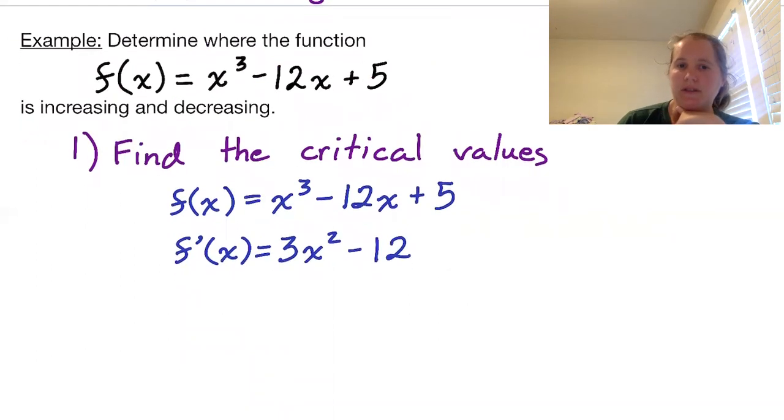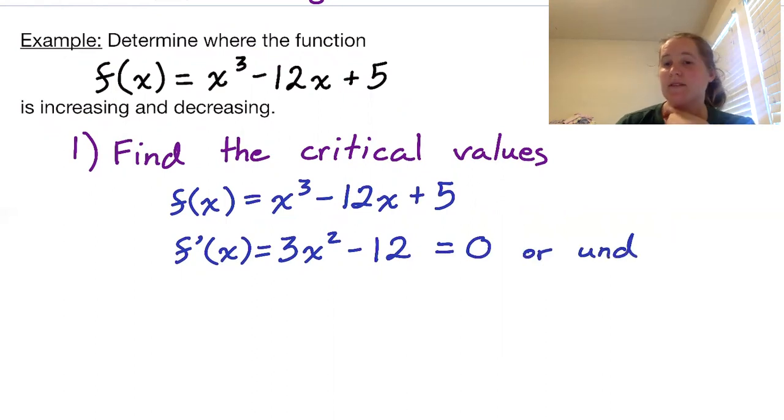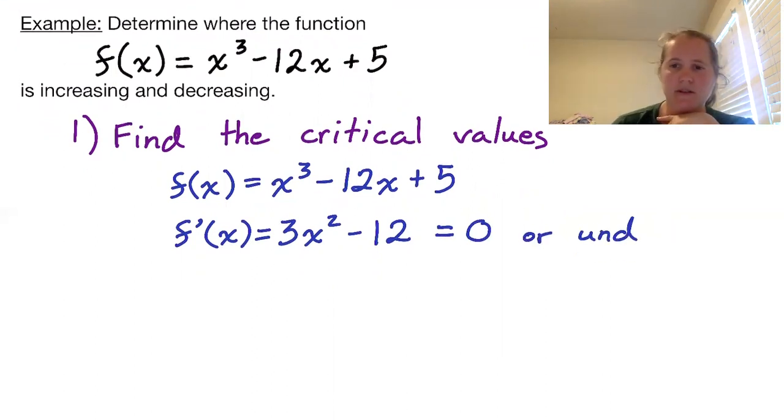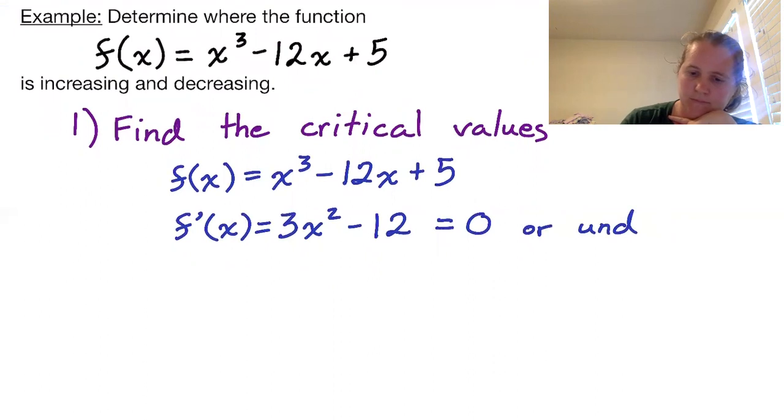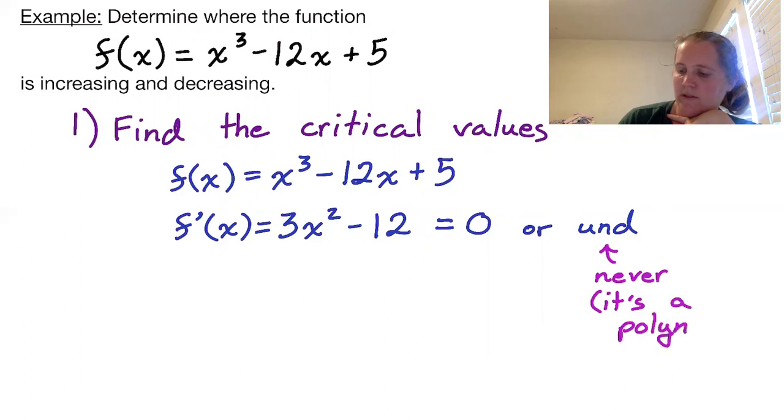And then we are going to set that equal to 0 or undefined. So since this is a polynomial, it's never undefined. So we only need to solve where it's equal to 0.